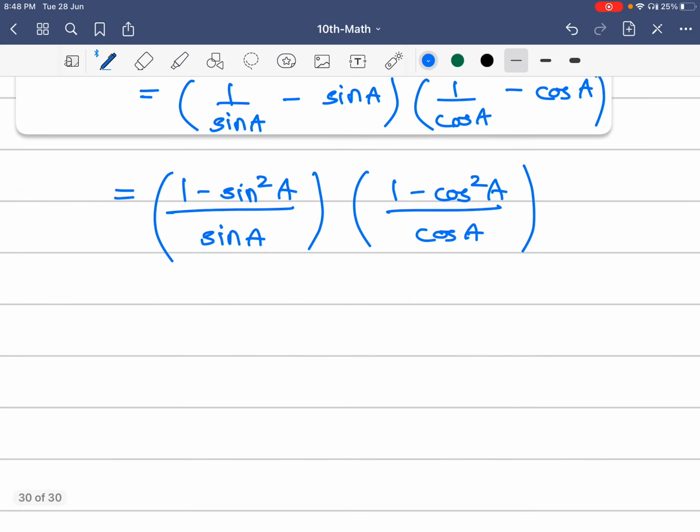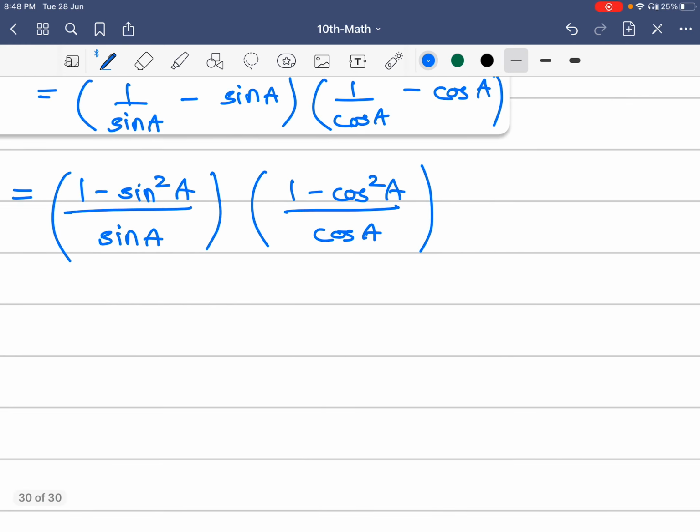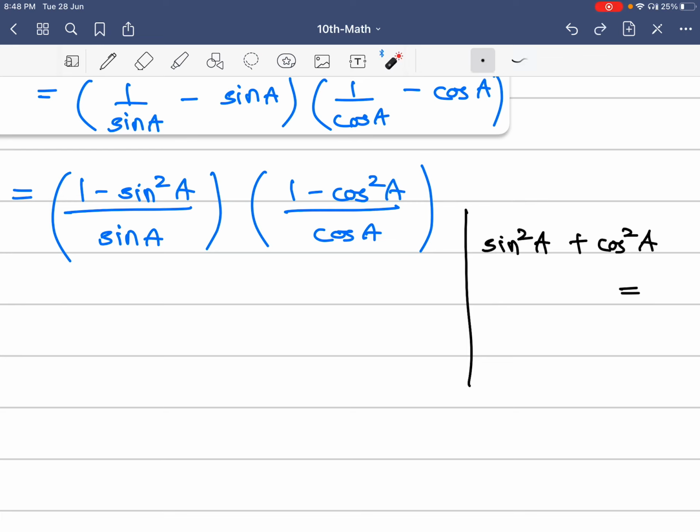Now we have our trigonometric identity sine square A plus cos square A is equal to 1. Using this trigonometric identity, we can say 1 minus sine square A is equal to cos square A. So I'm going to just substitute that.